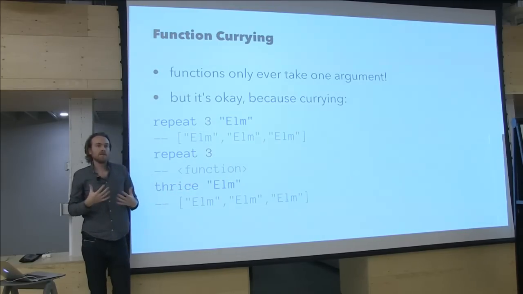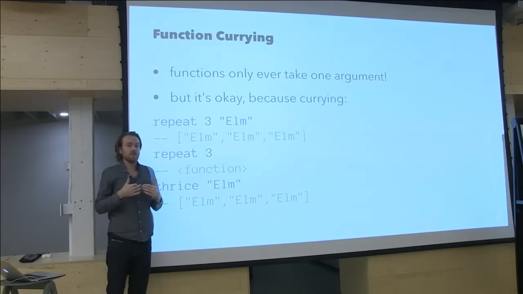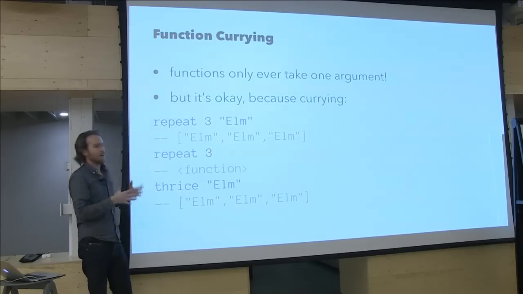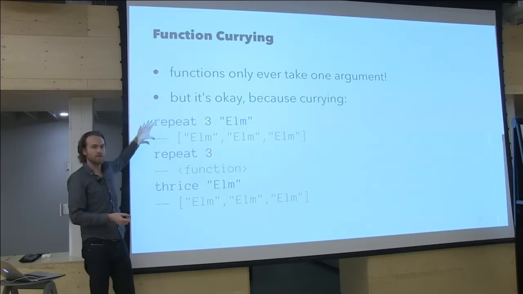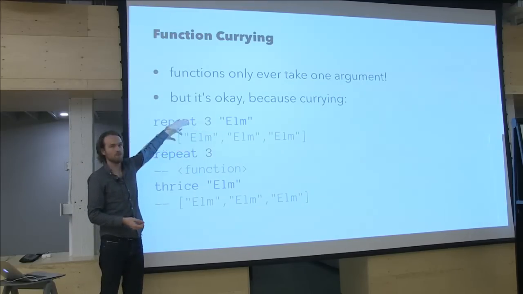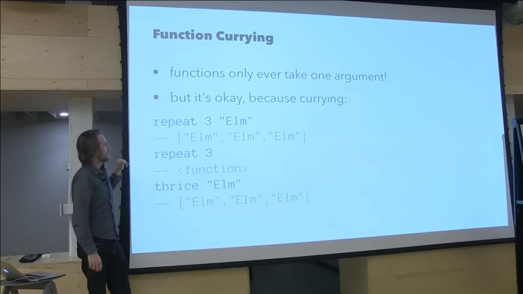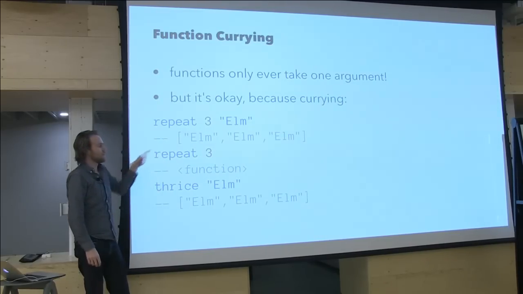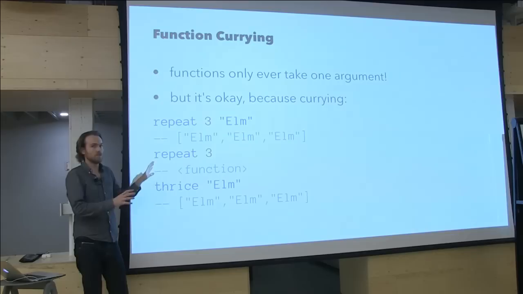Now, this might seem like it's going to be really annoying, but the language is built for that, so the syntax supports it really nicely. So here is repeat 3 Elm. You might think of that as taking 2 arguments: repeat the string Elm 3 times, and give me a list of it. Repeat 3 on its own just gives you a function back.